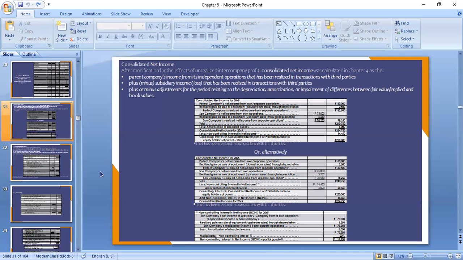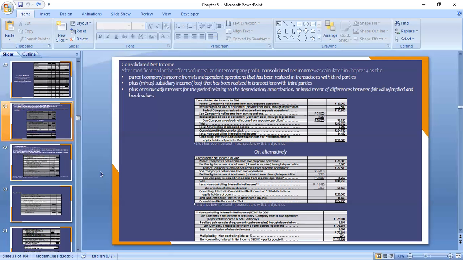Now remember that in a downstream sale, the seller is the parent, and whatever realized profit should be added to its net income from separate operations.